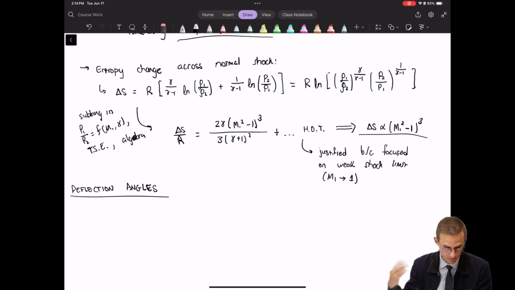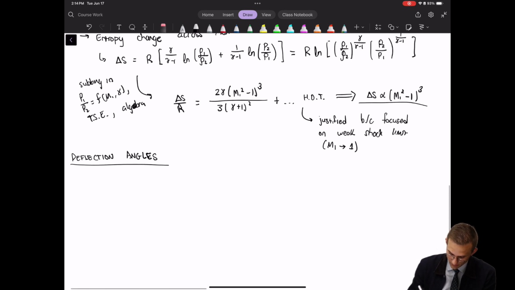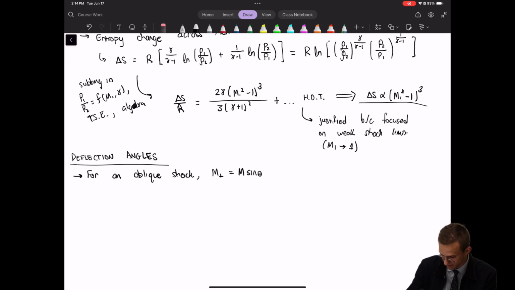So it's what we're working towards here. Things that can essentially changes in direction that can occur so gradually that you don't have a change in entropy. Okay, that's the argument that we're building. So for an oblique shock, we know that M perp is equal to M sine theta, right?